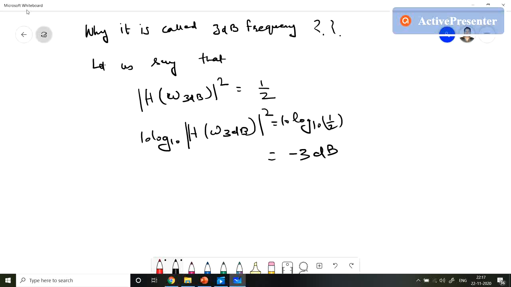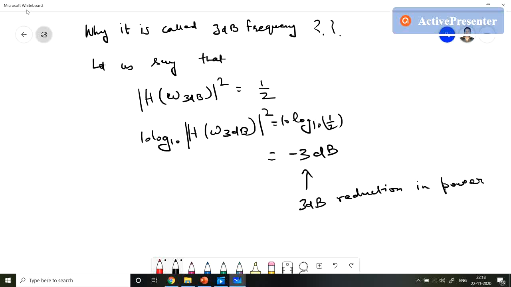So when the power is equal to half, there is a 3 dB reduction in power.